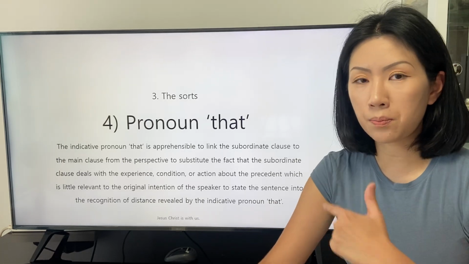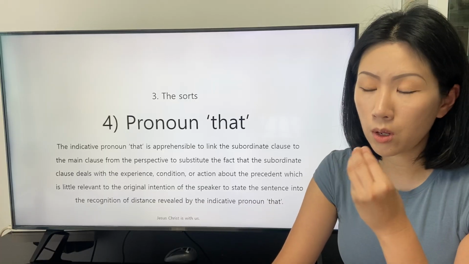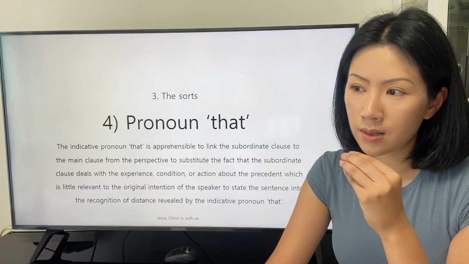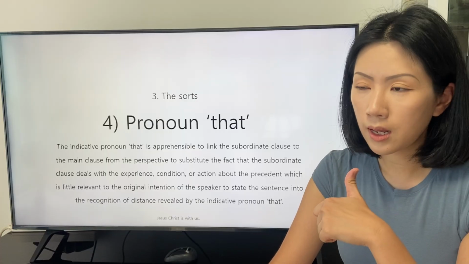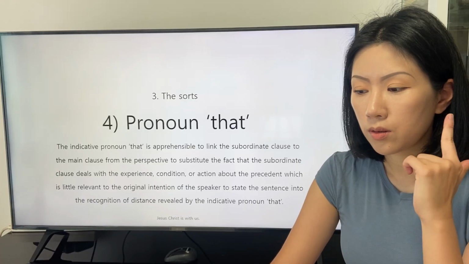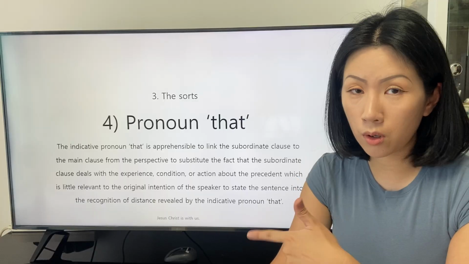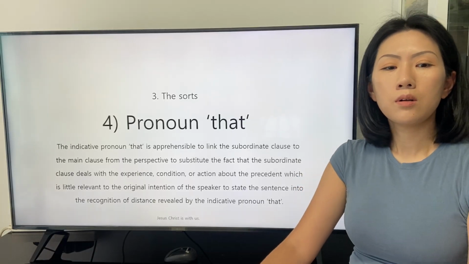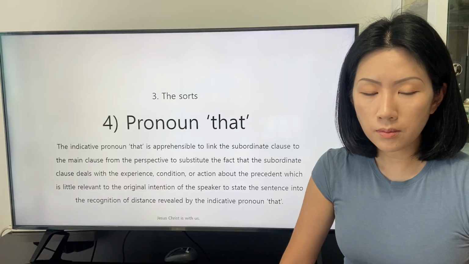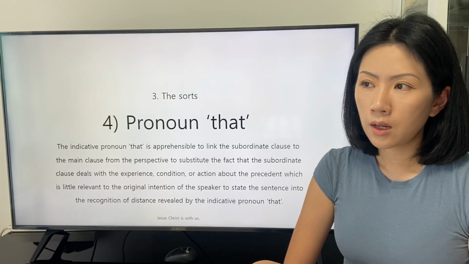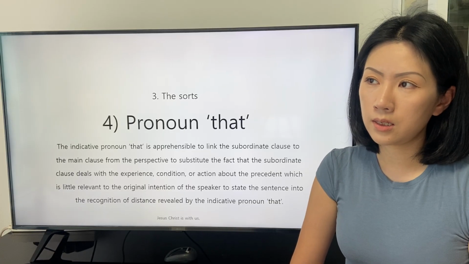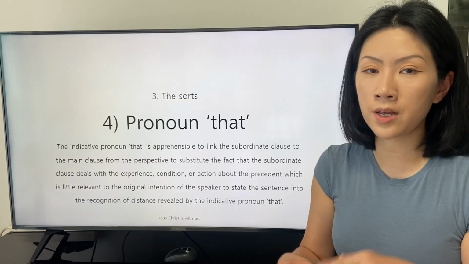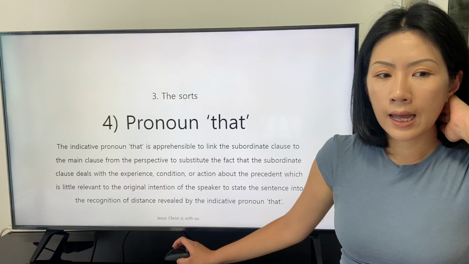When we apply the pronoun that as the indicated pronoun, we try to indicate an object that is far from the speaker and the only subject or object. That's the application of the indicated pronoun that.